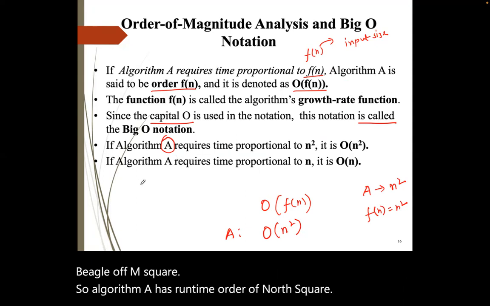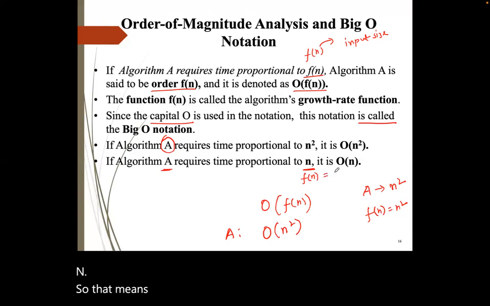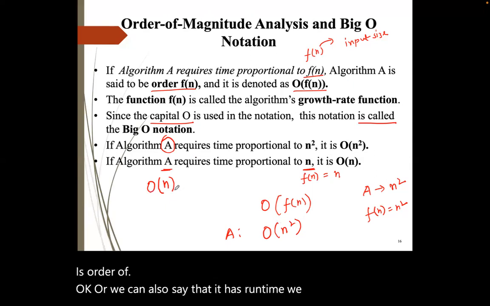Now let's say algorithm A requires a time proportional to n. That means f of n is n, and we can say that algorithm A is order of n, or that it has runtime big O of n.